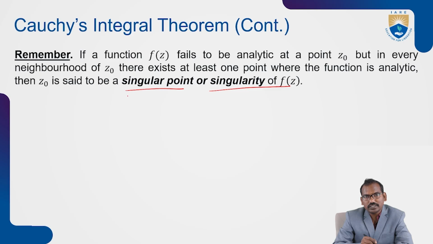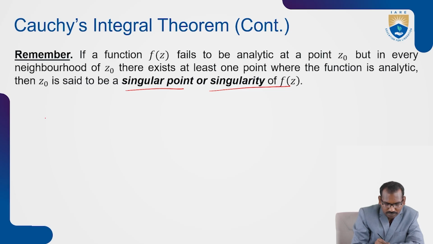That point we call a singular point. Here we are taking z0. At z0, the function fails to be analytic, but we are finding some other point in every neighborhood of z0 at which the function f of z will be analytic. Okay, so that is a singular point.